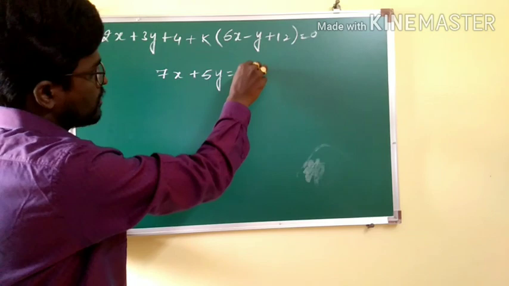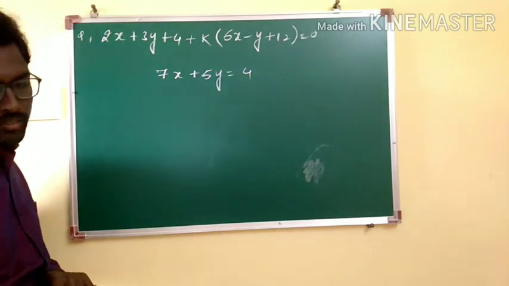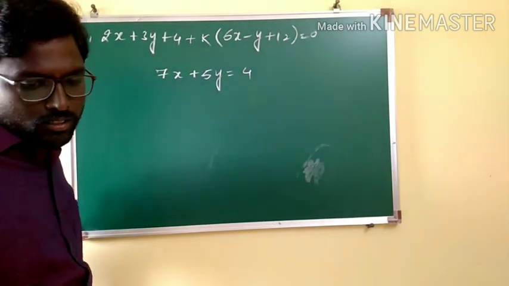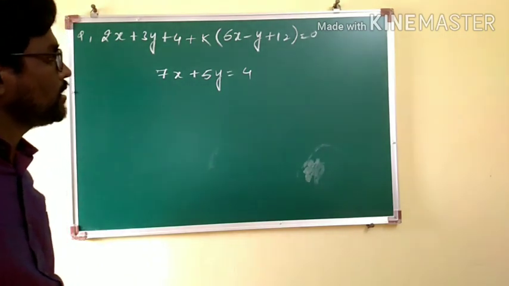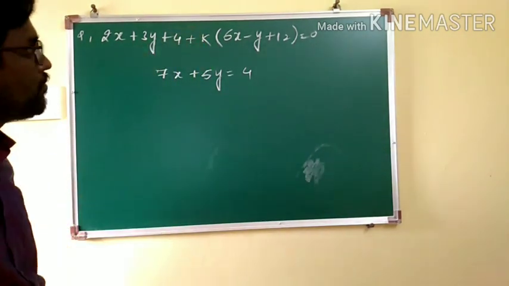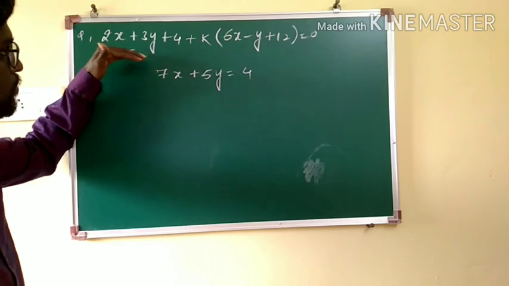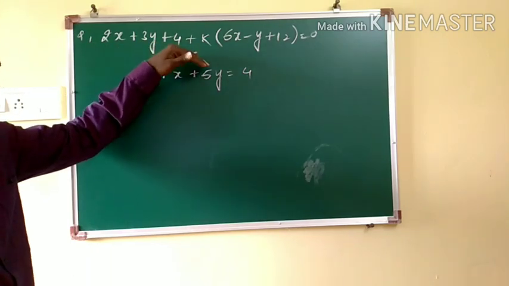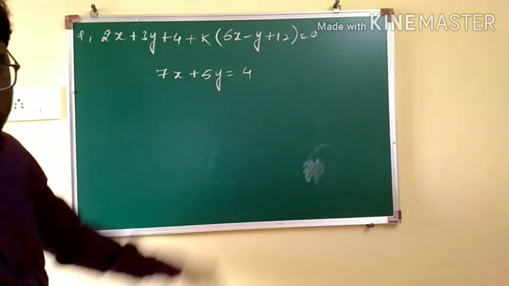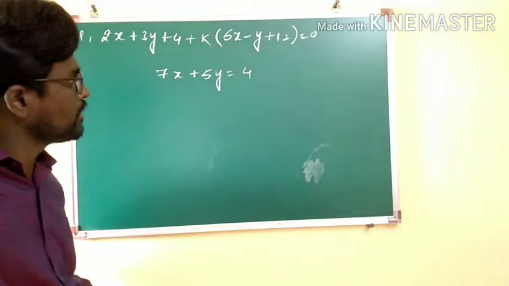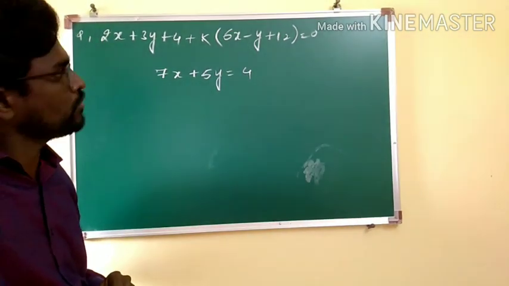The question here is that we are supposed to calculate the k value. If the line 2x plus 3y plus 4 plus k times of 6x minus y plus 12 equal to 0 is perpendicular to 7x plus 5y is equal to 4.